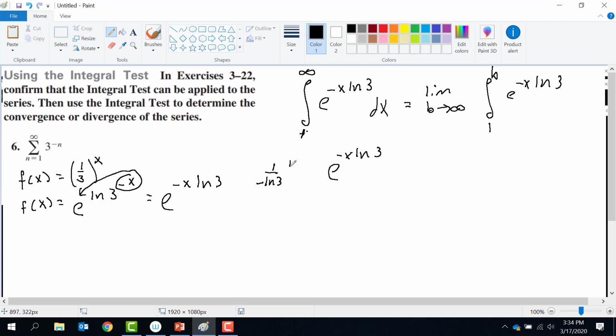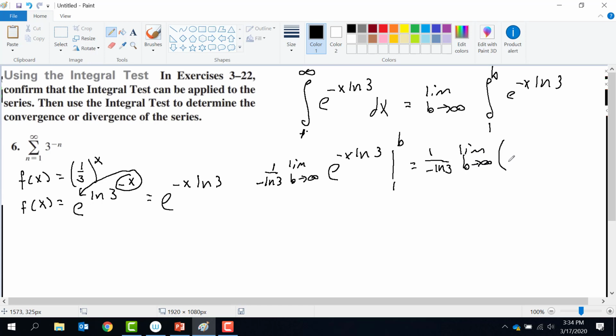And we're still taking the limit as b goes off to infinity. We can bring this constant outside, and we're evaluating this from 1 to b.